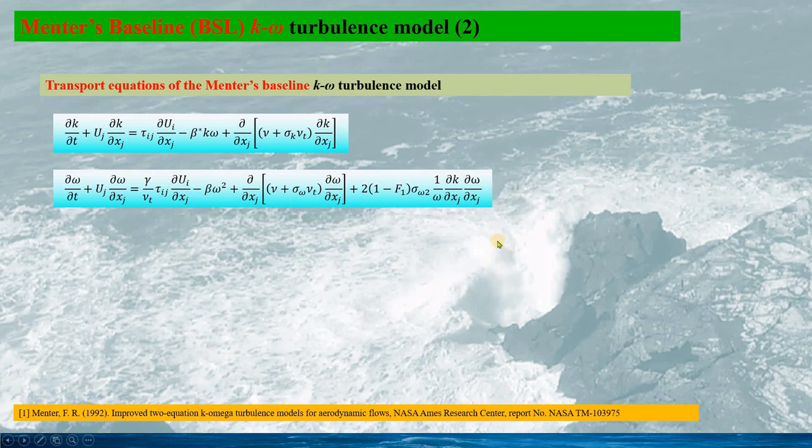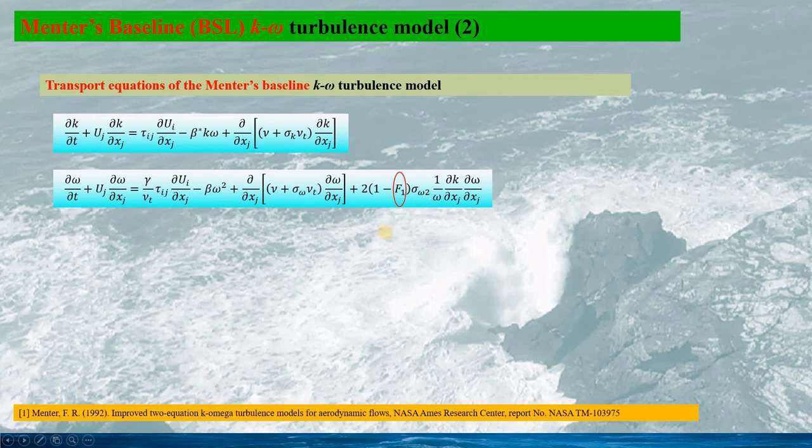So based on the two different turbulence models, the transport equation for Menter's baseline K-omega turbulence model is given as this: the transport equation for the kinetic energy K and the transport equation for the frequency omega. Here we can see a blending function F1 is employed.